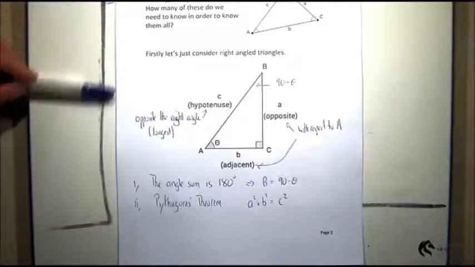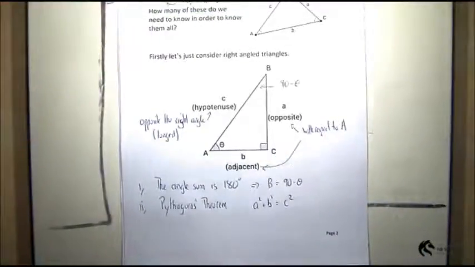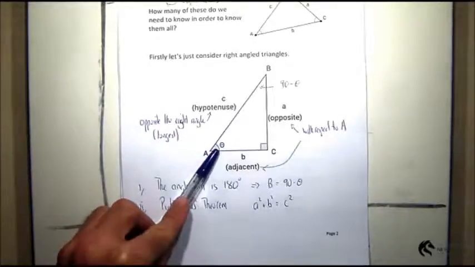How many things do we have to know in order to work out the whole triangle? The whole basis of this is to consider two right-angled triangles that have an angle of theta.